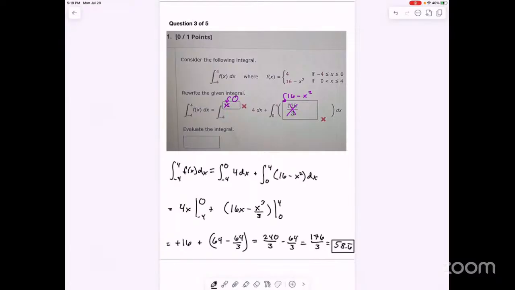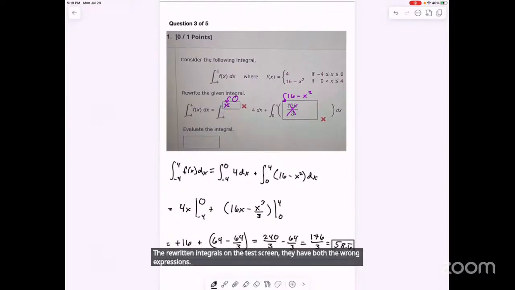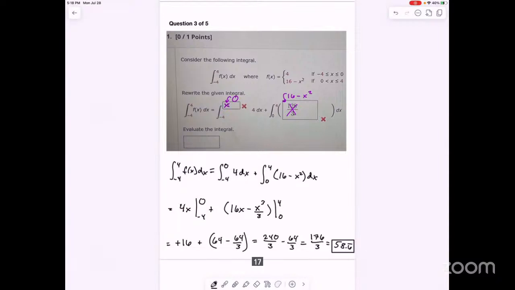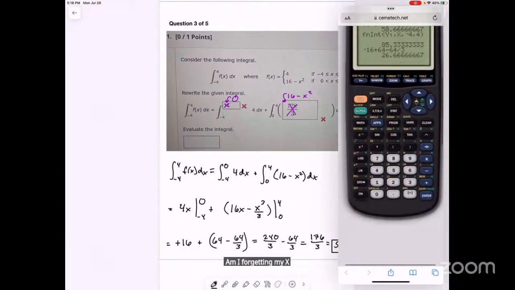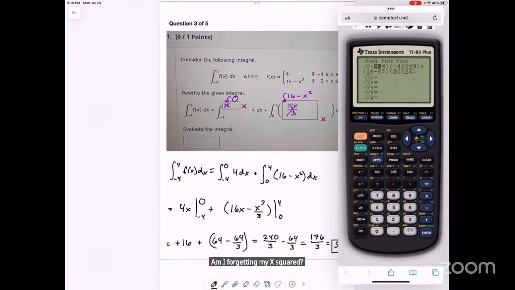The rewritten integrals on the test screen are incorrect, they have both the wrong expression. The work at the bottom is actually correct. It shows the proper decomposition. 176. Hmm. Am I forgetting my x squared? I got x squared.